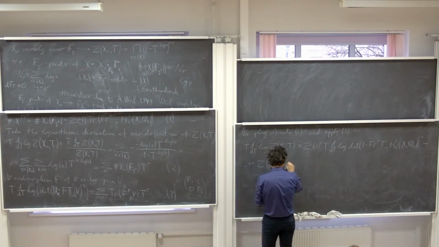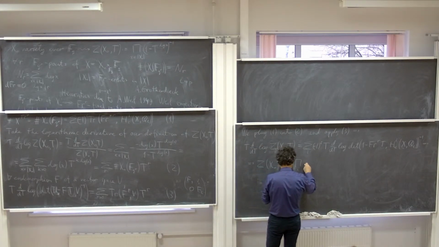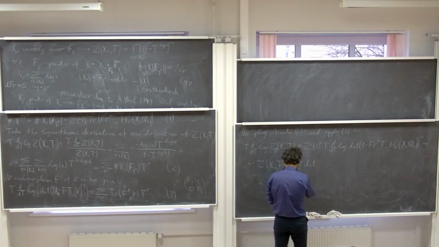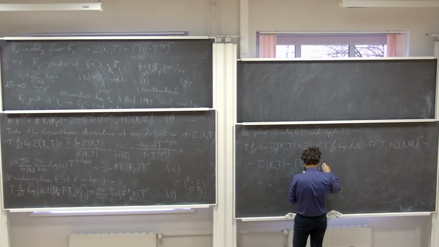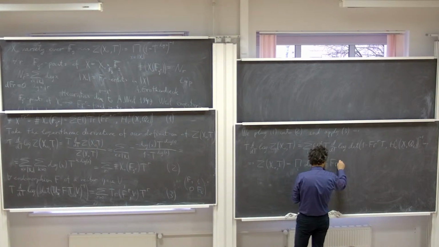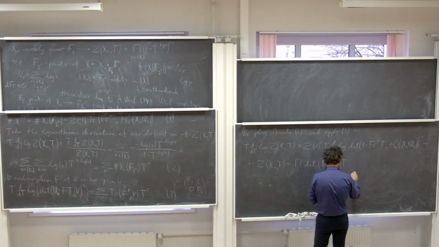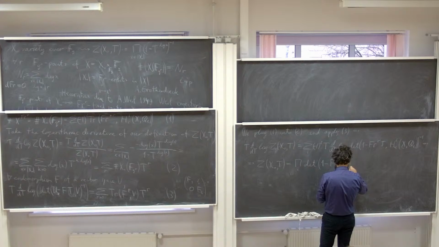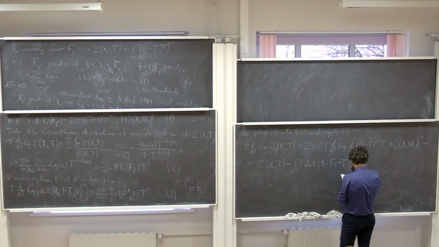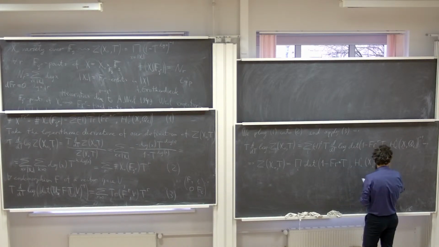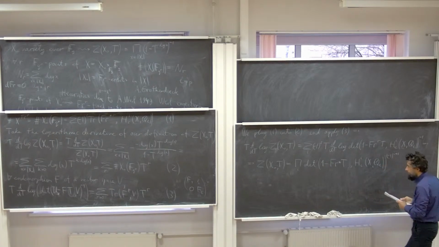and we arrive at the Andreev formula, that the zeta function is the alternating product of characteristic polynomials of the Frobenius endomorphism on the compactly supported cohomology, like this.